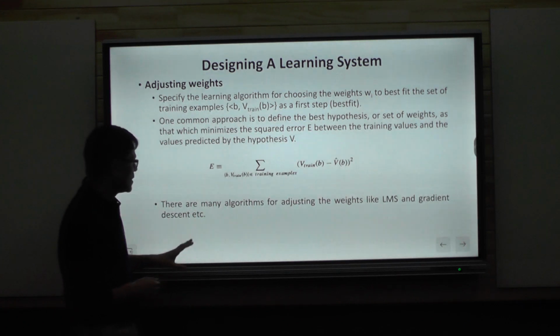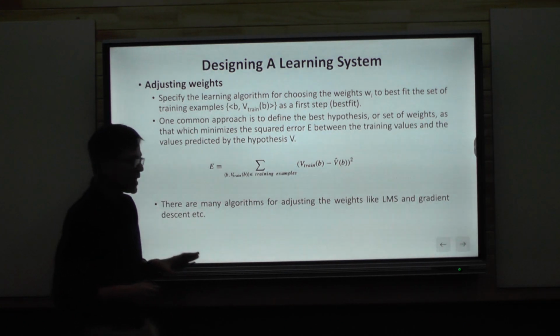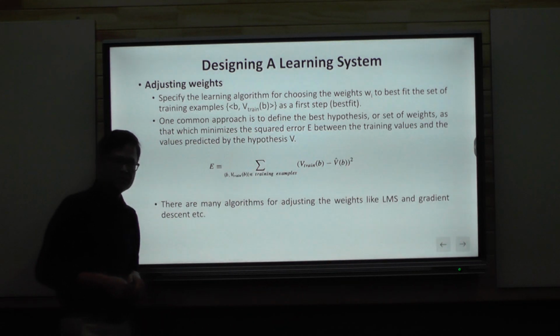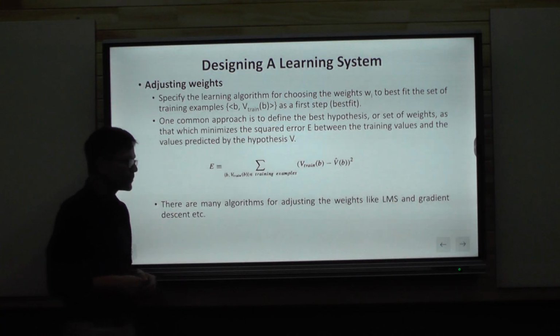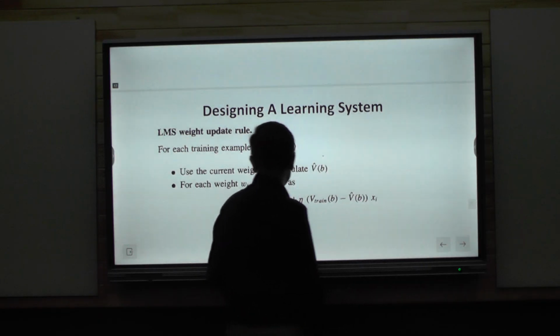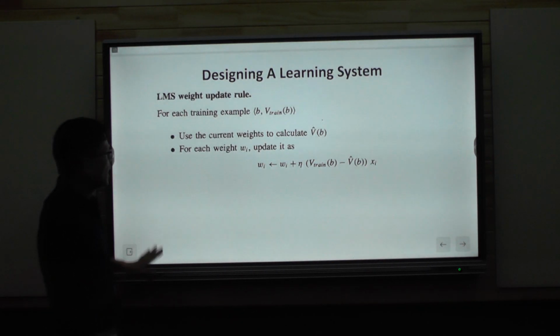With this error, we can do the adjustment. There are various algorithms like LMS, the least mean square algorithm, and gradient descent, and many more with slight changes. The key idea is how to adjust the weights, so focus on how the weights are adjusted in a particular algorithm.